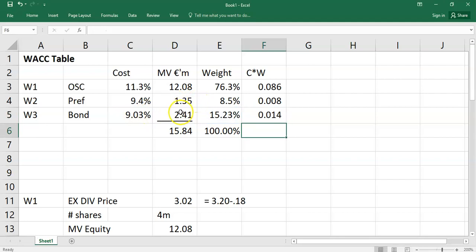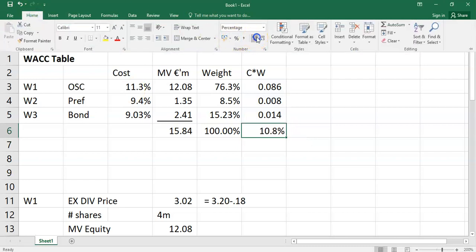So you can clearly see it's going to be between 9 and 11. And because much more of the business is financed at 11%, it's going to be closer to 11. So when you tot those up and put them in percentages, the WACC here is about 10.8, or 10.76%.